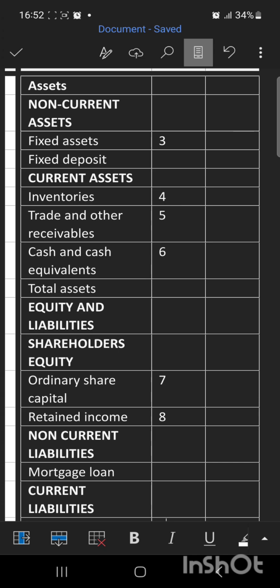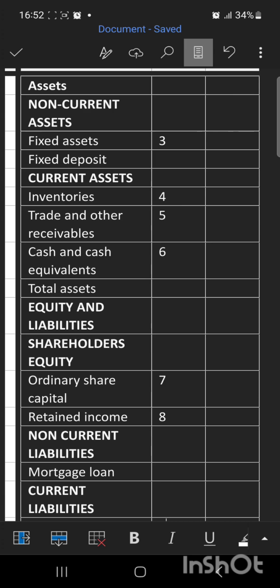So again, it's your debtors control. You subtract provision for bad debts, which will give you your net trade debtors. You add accrued income, you add prepaid expenses to calculate your trade and other receivables.